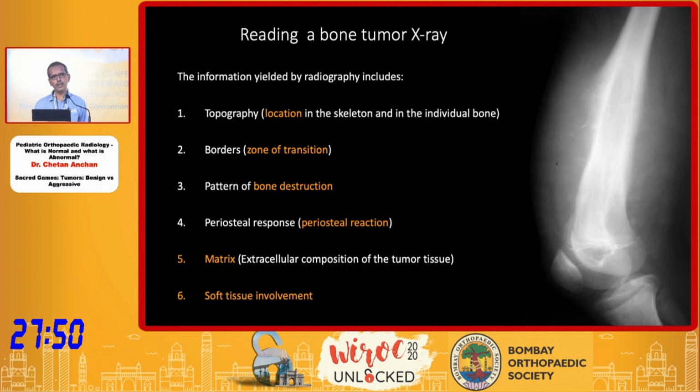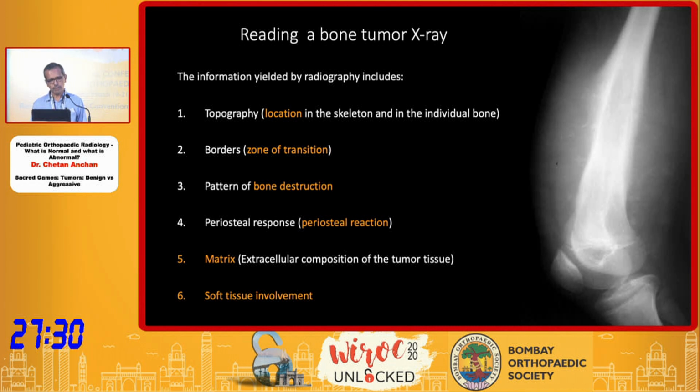Now how do you read a bone tumor X-ray? X-ray reveals a lot of information about the bone tumor, but you should go about studying it in a very methodical way. So these are the points which you should look for. One is the topography of the lesion, which bone it is affecting and where in that particular bone this tumor is.